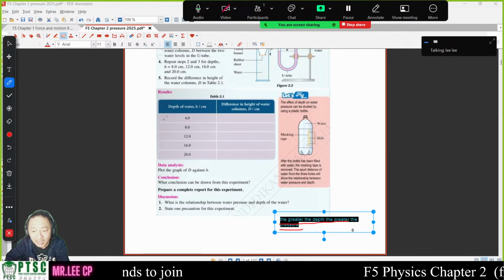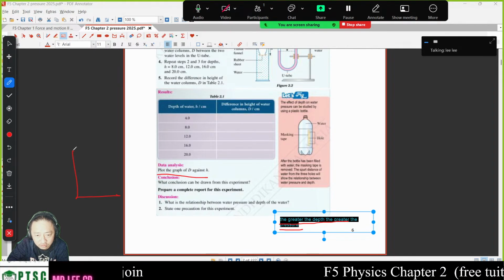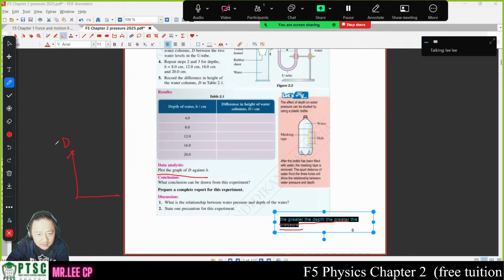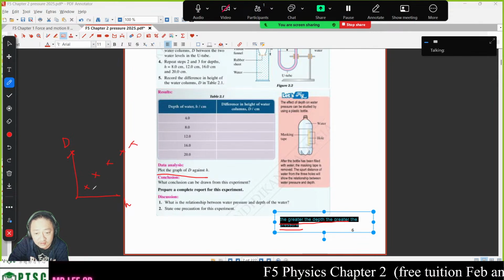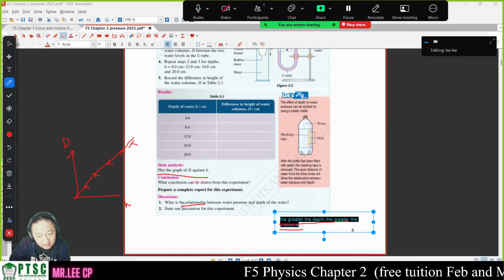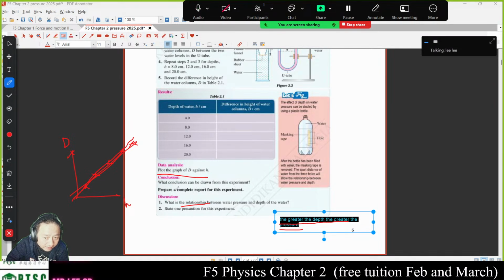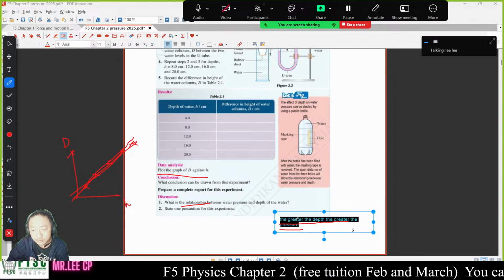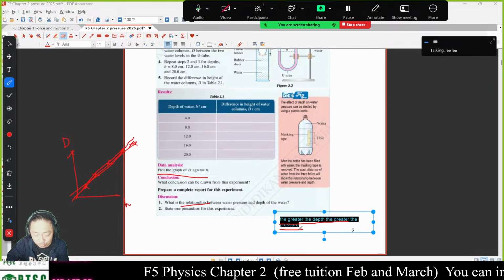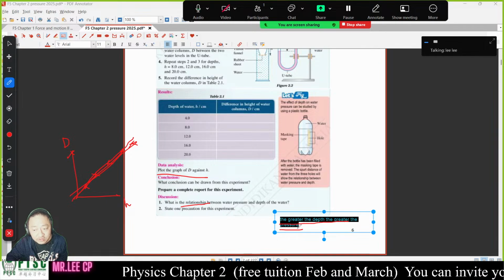But after you draw the graph, they ask you to plot the graph. D is pressure, as I told you, this is H. So what is the relationship? You can see it is linear, so this is directly proportional. But if you don't have the graph, you just say the greater the depth, the greater the pressure.